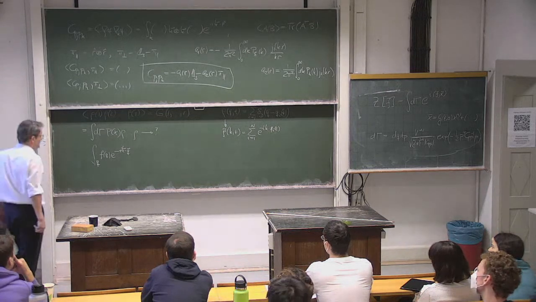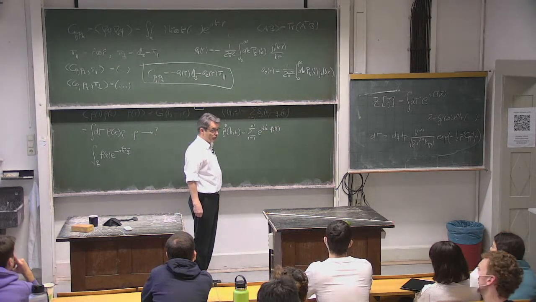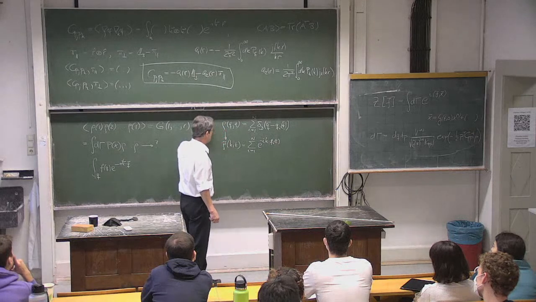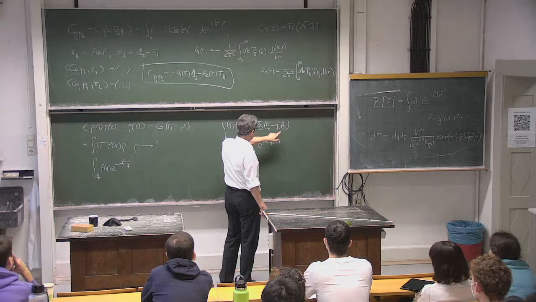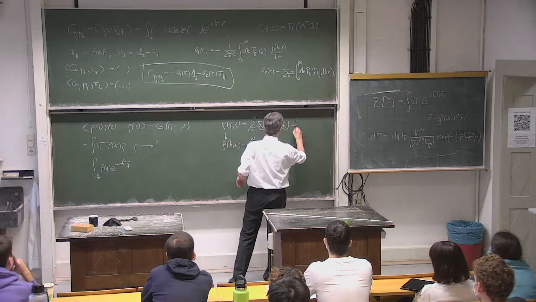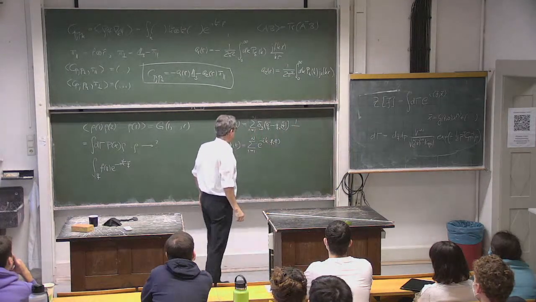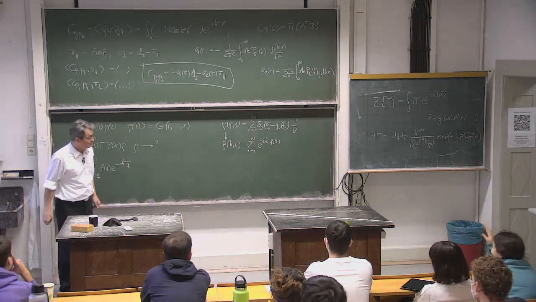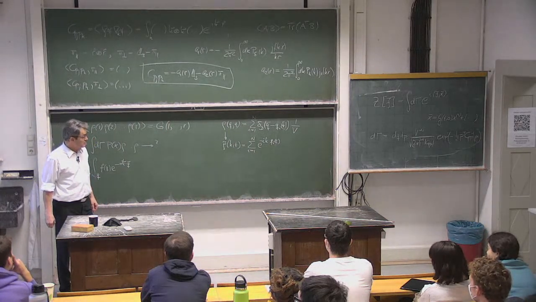All right. It's normalized. Okay, yes. If you integrate over this, you get n, so you divide by... wait a moment.